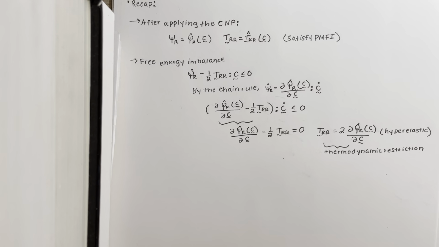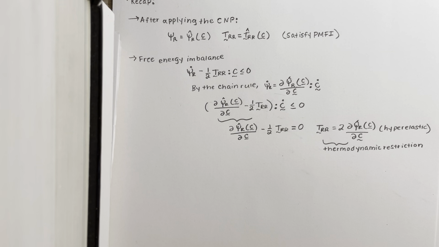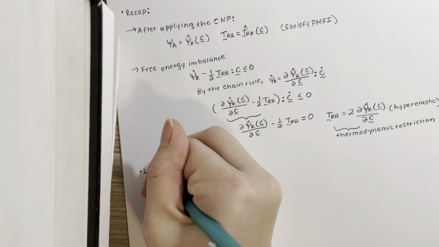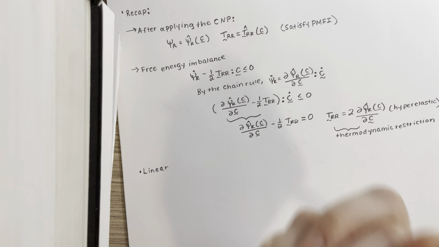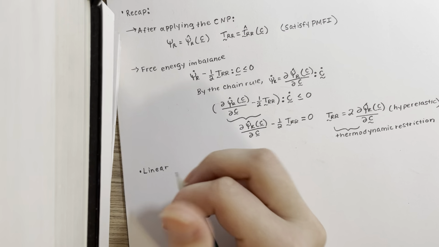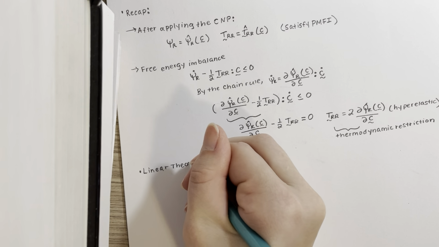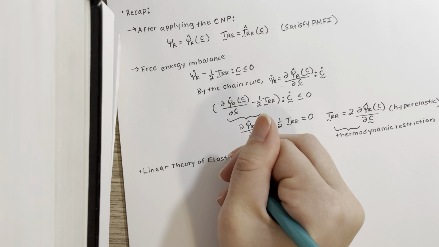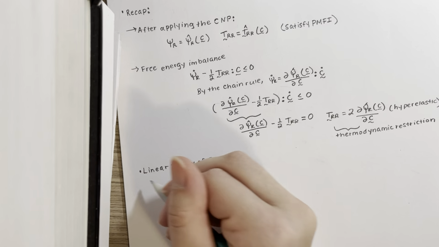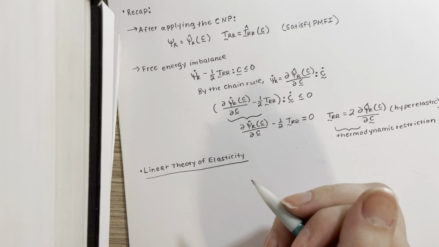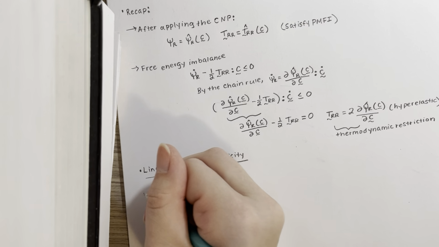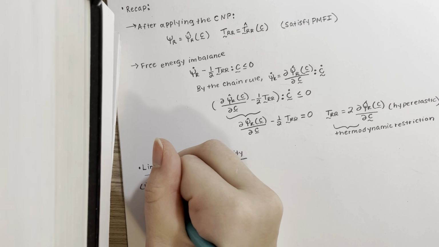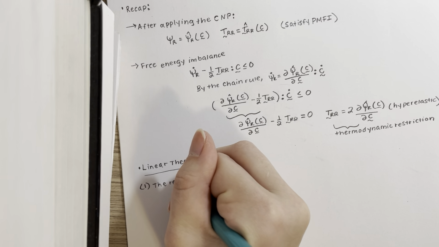But next, what we are going to recap is some of the assumptions we make for our linear theory of elasticity. The first assumption is that the reference configuration is natural.